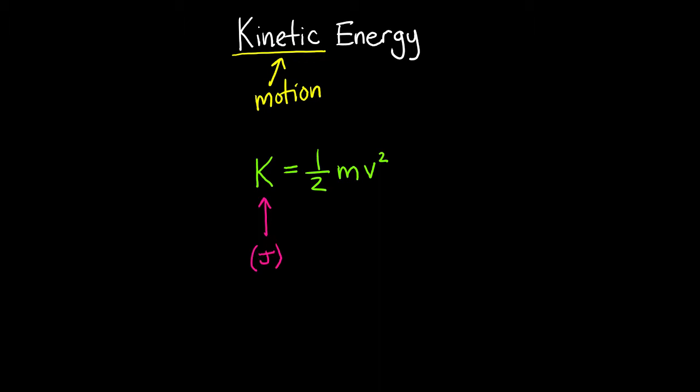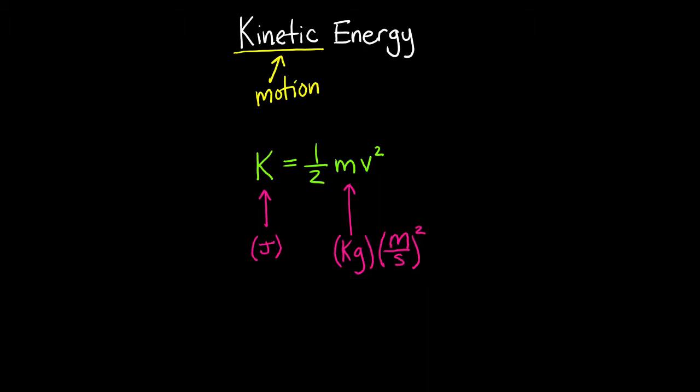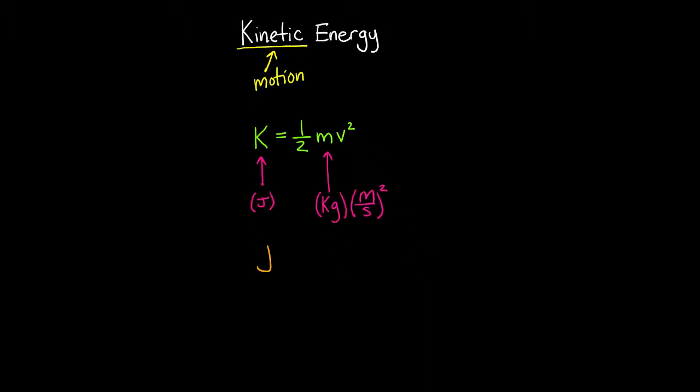So energy is measured in joules, 1/2 is a constant, mass is measured in kilograms, and velocity is measured in meters per second. But those meters per second are squared in this case. What that really means is that a joule is a kilogram meter squared per second squared.